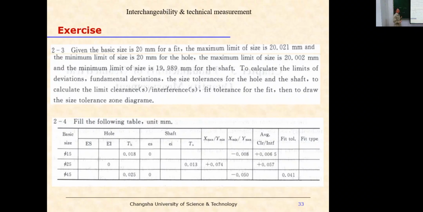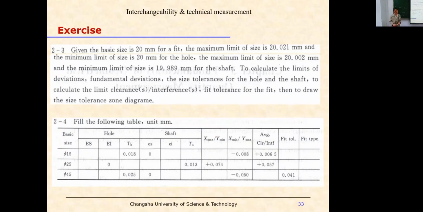This is interference. Oh, sorry, it is EI minus ES. So it is minus 0.008, right?